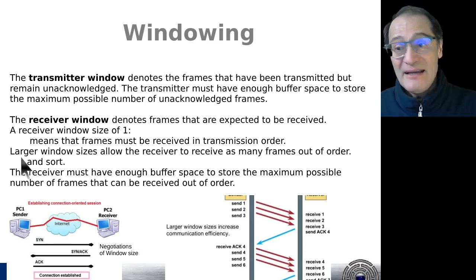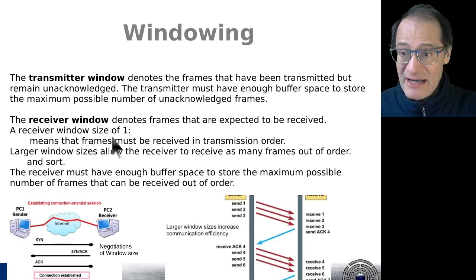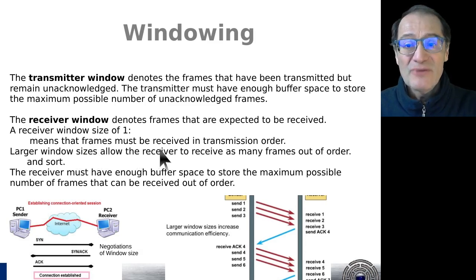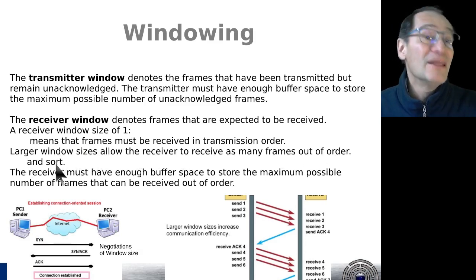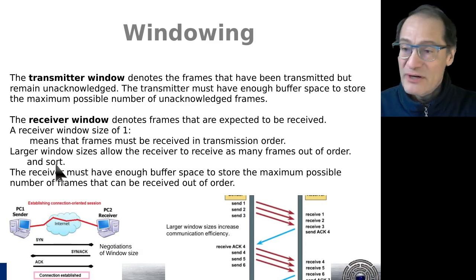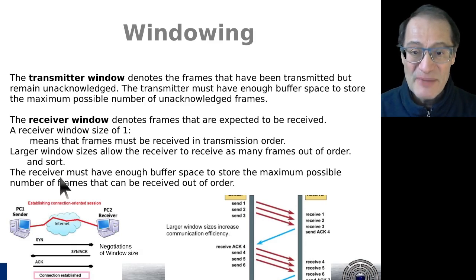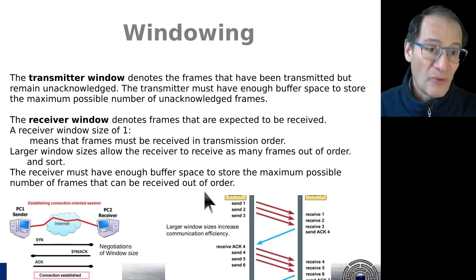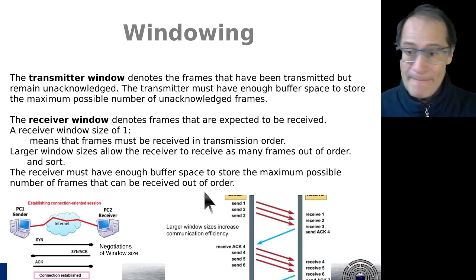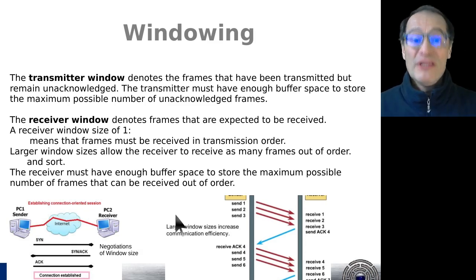And a larger window, larger than 1, allows the receiver to receive as many frames as we said here in order to sort and then forward to the final application. The receiver must have enough buffer space to store the maximum number of frames that can be received out of order before sorting.